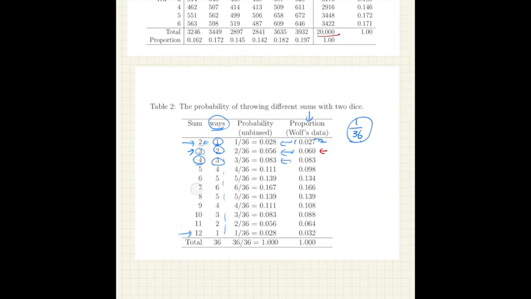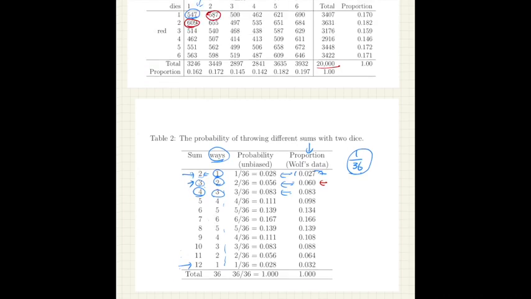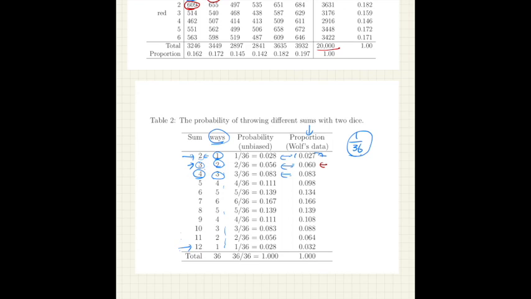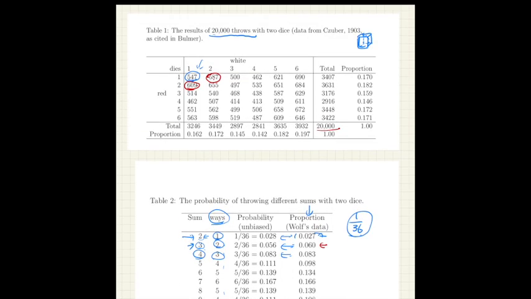And for the sum of 7, there are 6 possibilities, so you add 6 numbers. Sum of 7 means, for example, 1 and 6, 5 and 2, 4 and 3, 3 and 4, 2 and 5, and 6 and 1.